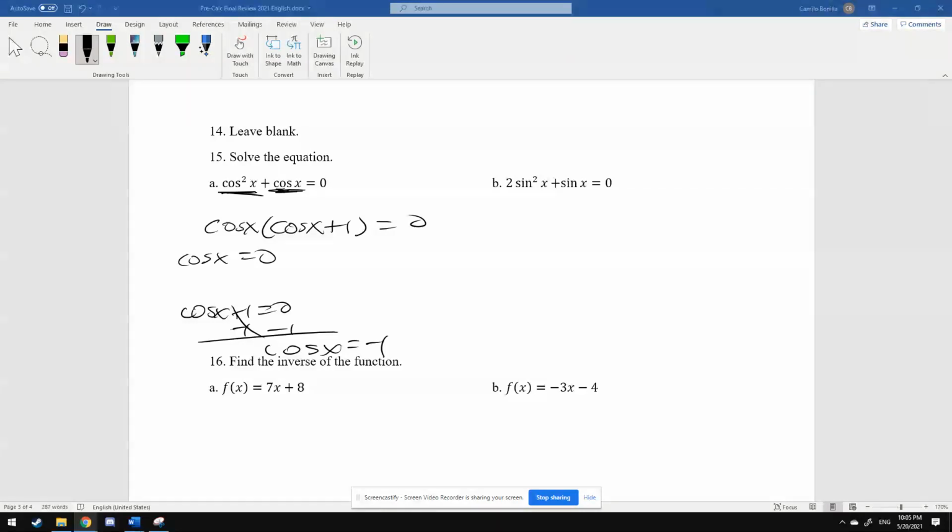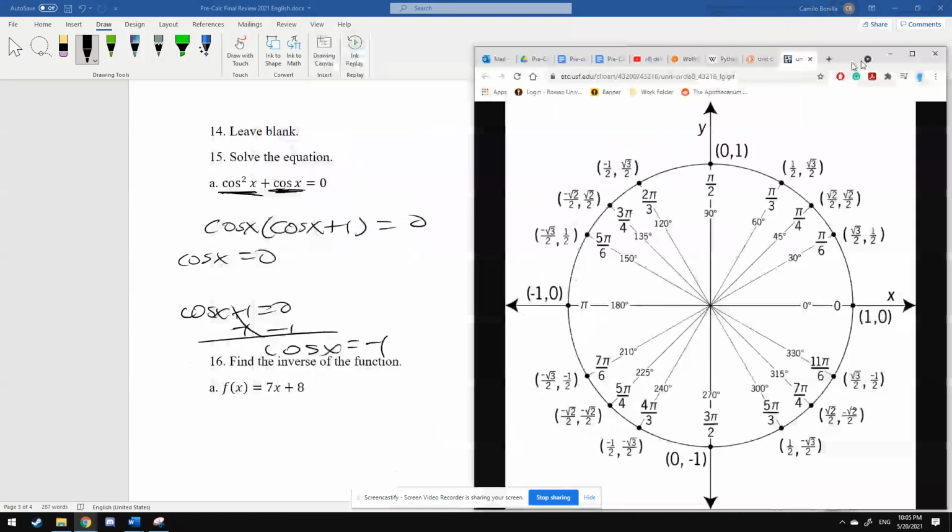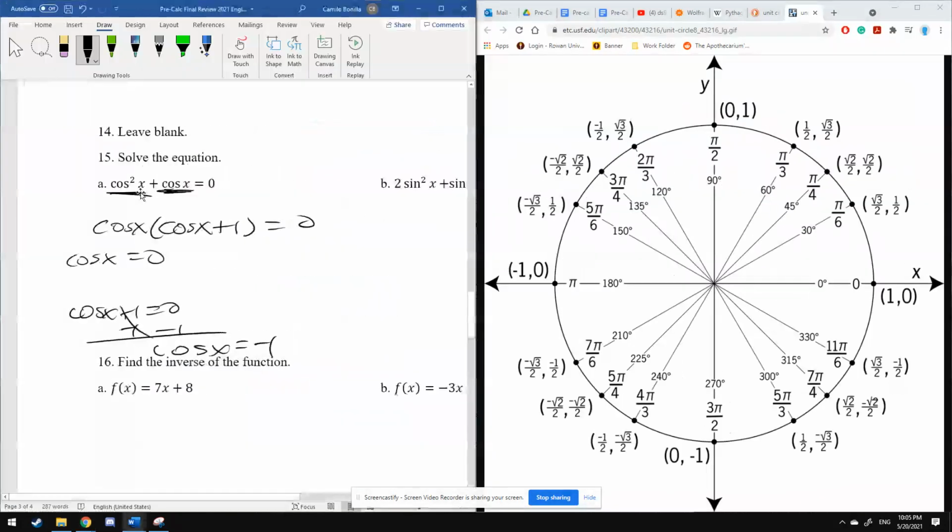Let me pull that up. Okay. All right. So cosine, where cosine equals 0, right?